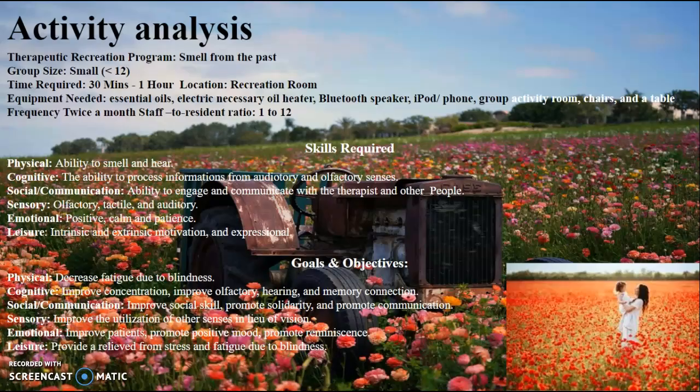So basically, you light up this essential oil and play some music and ask them to describe what they're remembering, what they're feeling, and what kind of memory this activity brings them to.